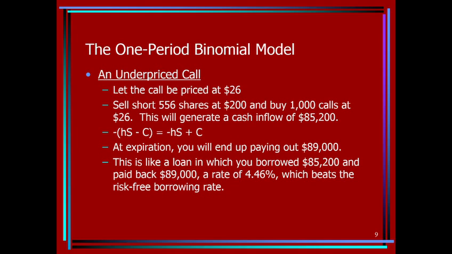So the idea is this. With a risk-free rate of return, you assume that you can borrow at the risk-free rate of return. You also assume you lend at the risk-free rate of return. So it's two ways, right? If you put money in the bank, you're going to receive interest at the risk-free rate. If you were to lend someone money, you're also going to lend it at the risk-free rate of return.